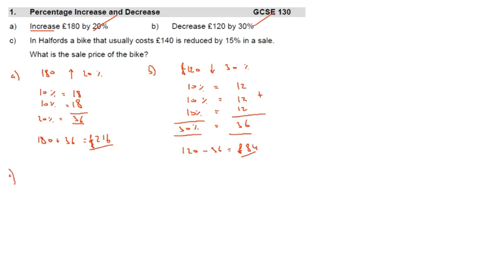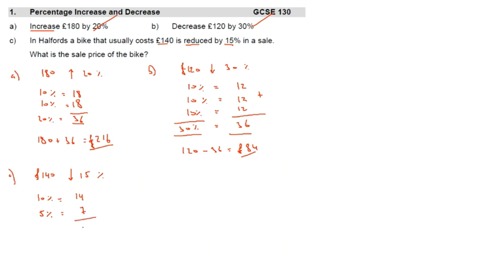And part C, the bike is normally 140, but it's reduced by 15%. So remember, reduce means go down. So 140 is going down by 15%. So to make 15%, do 10% and 5%. So 10% is 14. Remember, 5% is half of 10%.